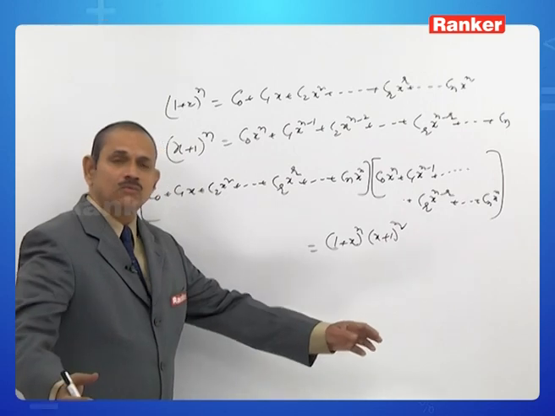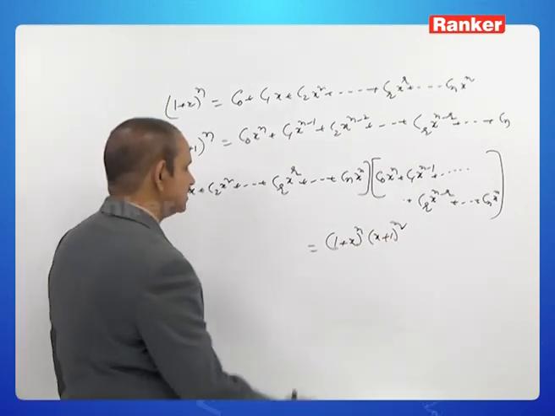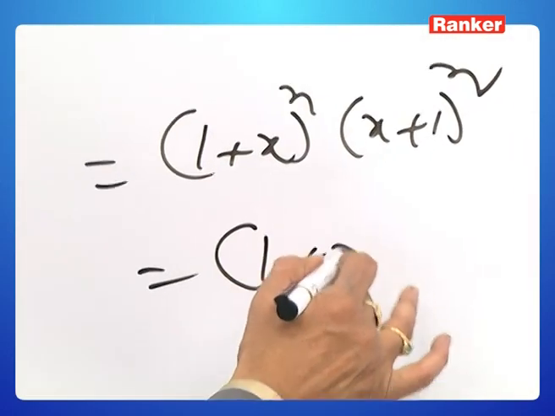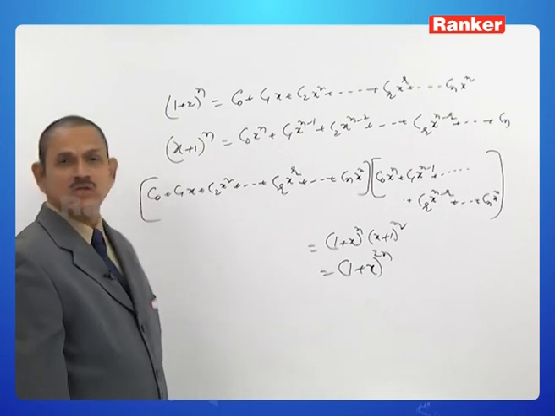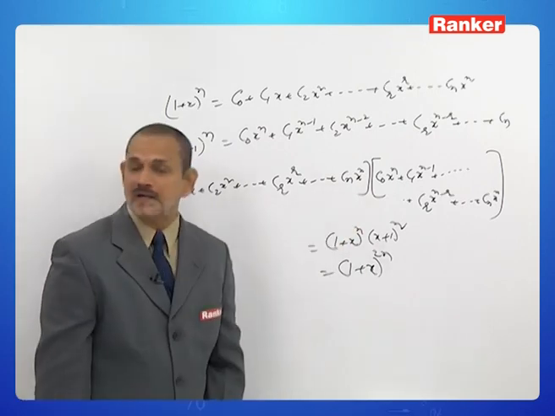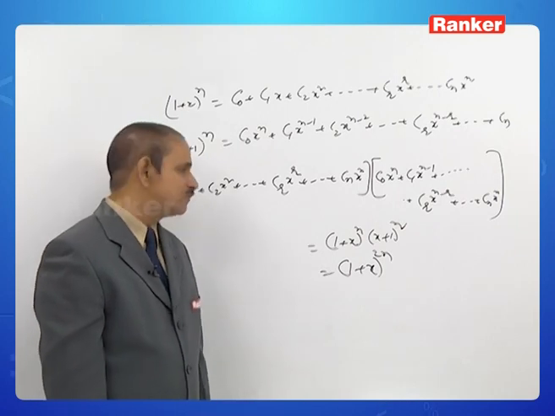And you could find no difference at all between 1 plus x and x plus 1. Hence, this expansion could again be taken as 1 plus x whole to the power of 2n, isn't it? 1 plus x whole power n into 1 plus x whole power n, that is 1 plus x whole power n plus n, that is 1 plus x whole to the power of 2n.